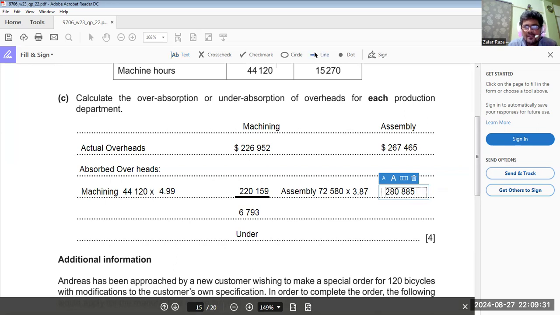So here we have over absorption. How much? 280,885 minus 267,465 is 13,420 over absorbed.